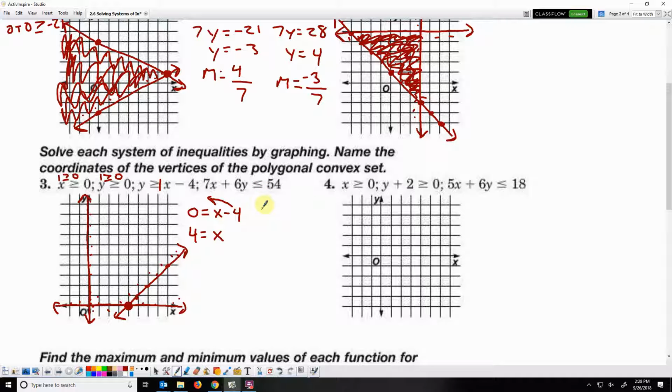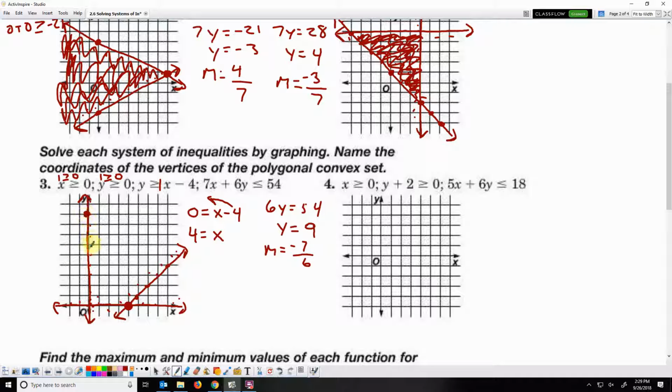Okay, so for this 4th point, if I put in a 0 for x, I get 6y is 54, and divide. Okay, so 6 goes into 54 9 times. So y is 9. And 7 does not go into 54 evenly, so I'm going to use the slope. That is the opposite of A, opposite of 7 over B. So -7 over 6.